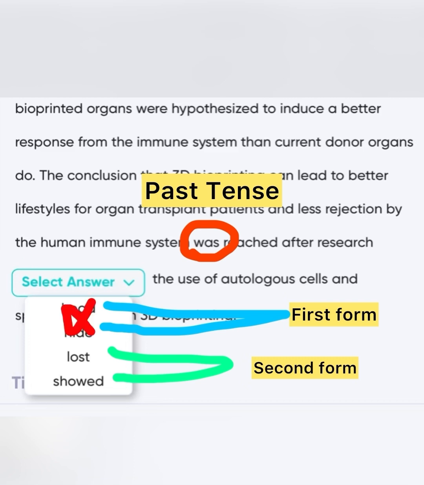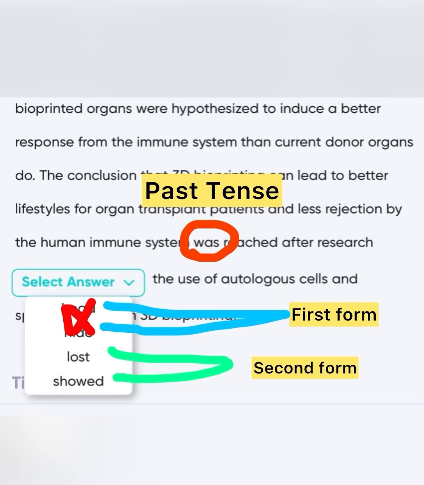So first form of verbs will be automatically eliminated by us. So first form of verbs cannot be our answer. We have to select the correct answer out of two second form of verbs given in the options. So now we have to see research. What did the research do with the use of autologous cells?